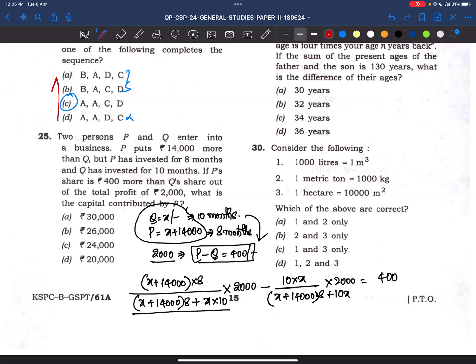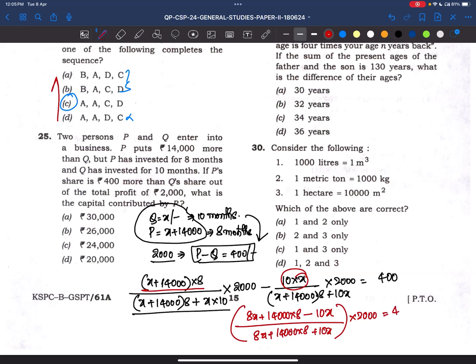See here, 8x plus 14,000 into 8, minus 10x, divided by the entire 8x plus 14,000 into 8 plus 10x, whole into 2,000 is equal to 400. I've taken everything common.